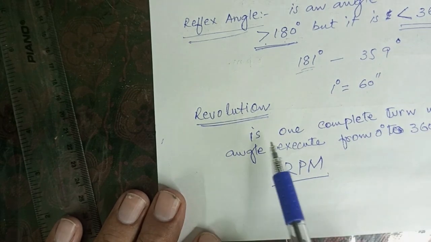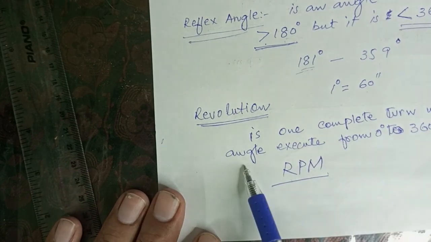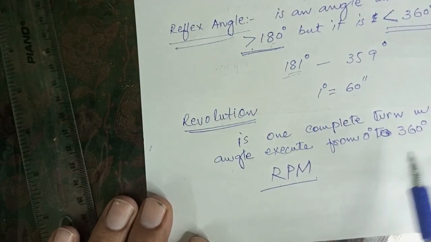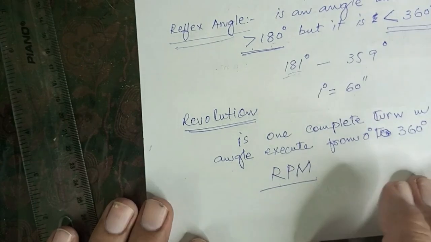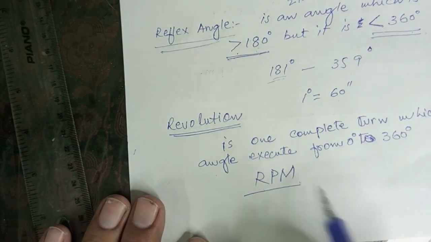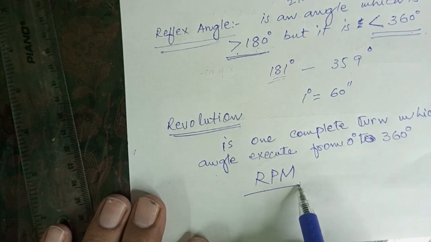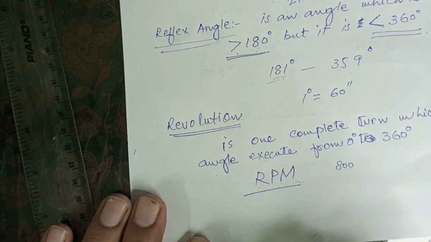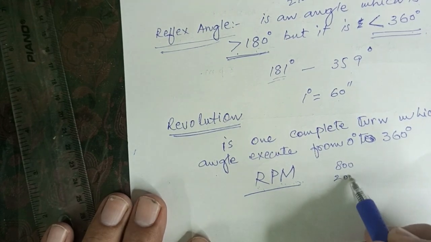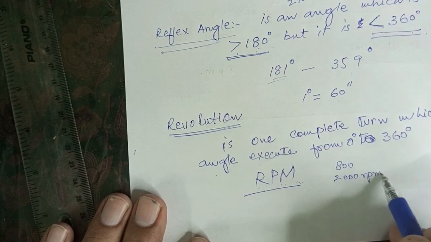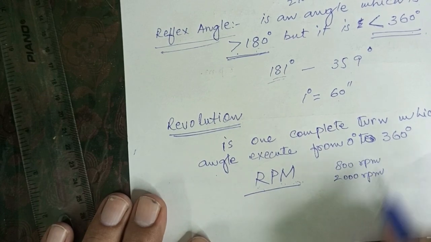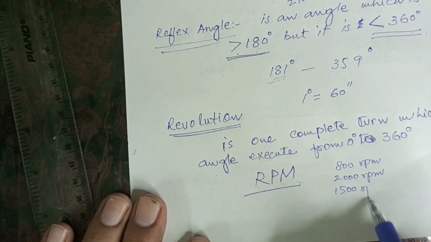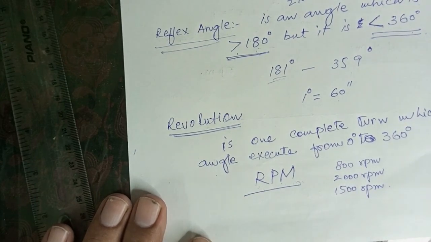I have told you that it is one complete turn, an angle executing from 0 to 360 degrees, and it means that your motor is turning this much revolution per minute. This stands for revolutions per minute. Sometimes it is 800 RPM, sometimes 1500 RPM, or 2000 RPM, whatever is written on the side of the motor.